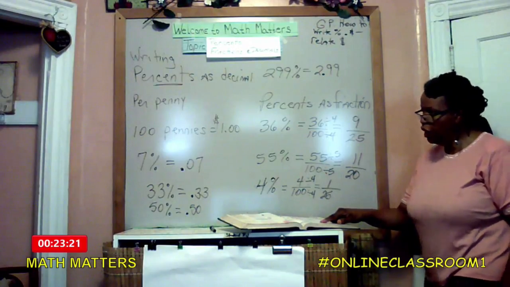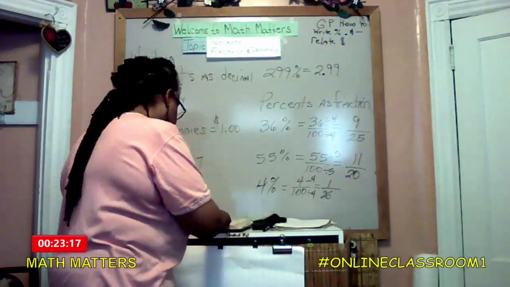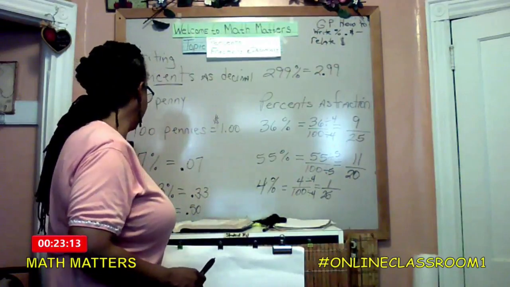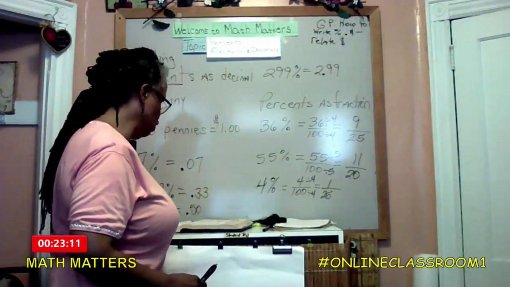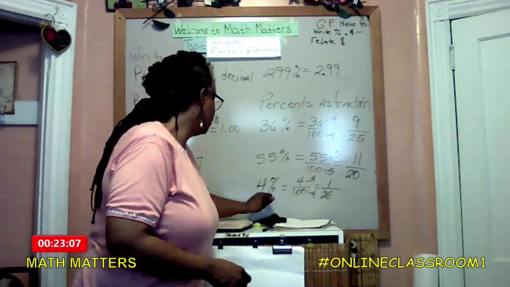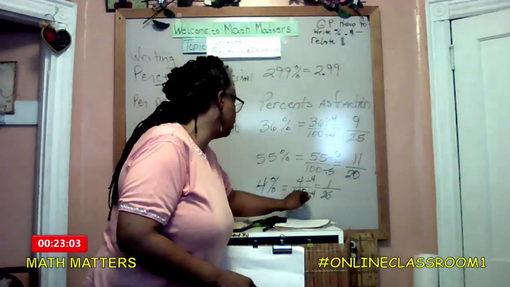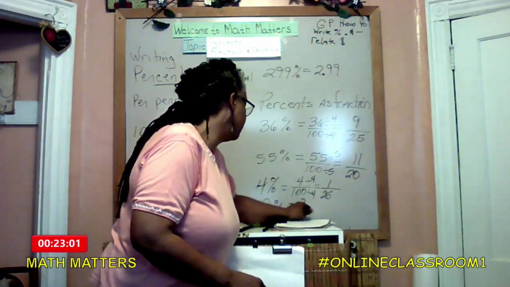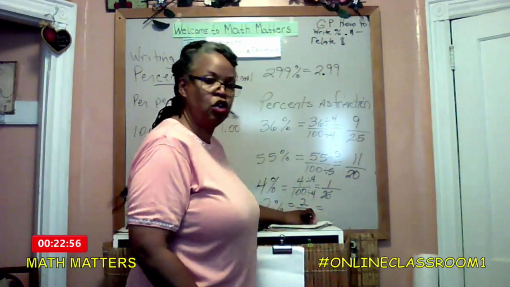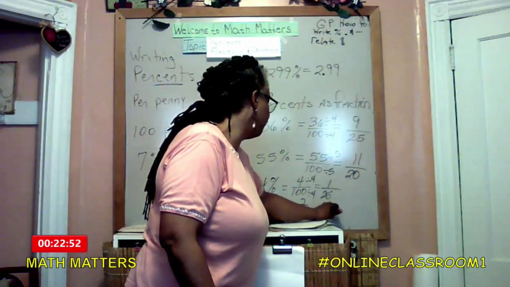Okay, so let's continue our skills. We are increasing our skills. 2% written as a fraction. I think I can fit that here. 2% is equal to 2 out of 100, which is equal to, divide 2 in the numerator and the denominator, which is 1 out of 50.